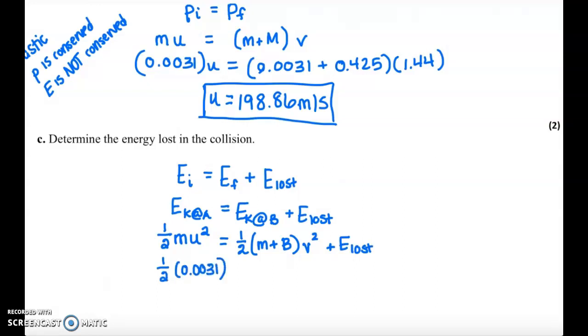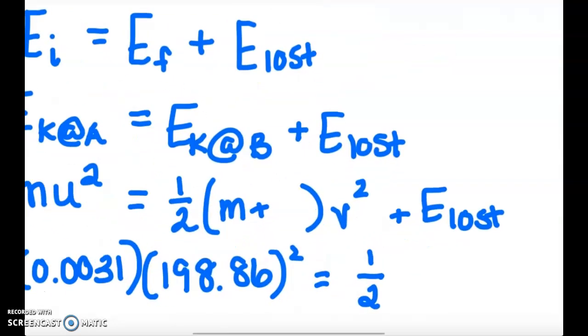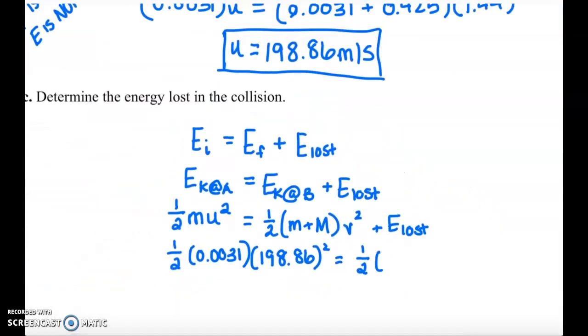We just found in the previous part the initial velocity of just the bullet. Oops, I think I meant for this to be a capital M. They fly up together at 1.44 meters per second. We're looking for the energy lost.